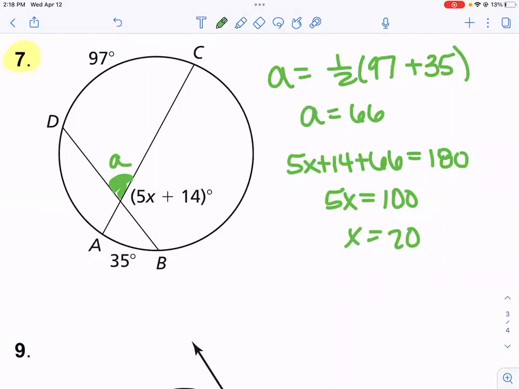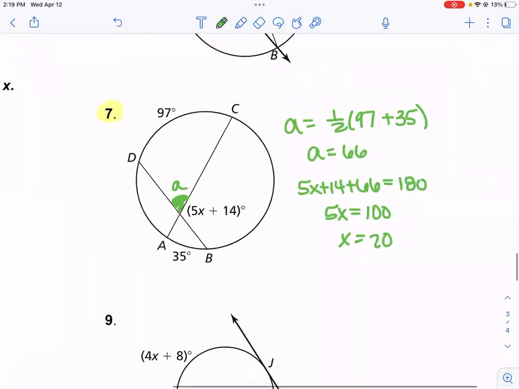Did you get 114? Yeah. So if you take this and set it equal to 114, you should get X equals 20. I got 22. You need to subtract 14. So this would be 114. Because 248 divided by 2 is... I don't think it's 228.